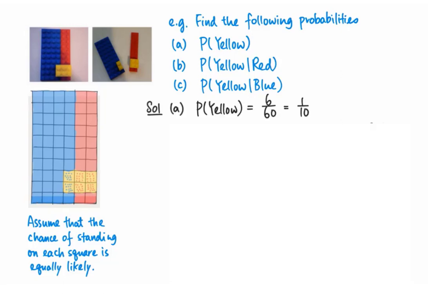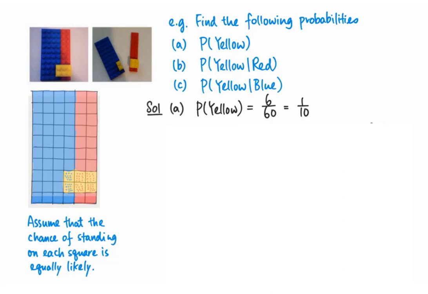For part A, we notice that the chance of picking any square is equally likely, and we have no further information other than this. Therefore, among all the 60 squares, 6 of them contain yellow color.